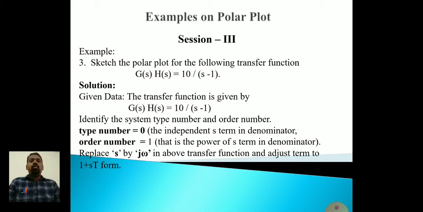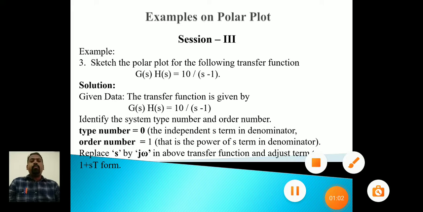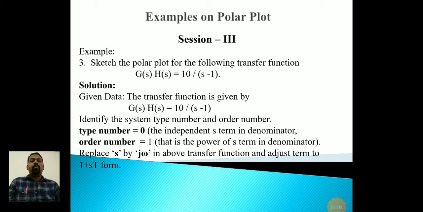So here once again, as the usual procedure, identify the system type number and order number. The type number is 0, as there is no independent s term in the denominator, and the order number is 1, as the highest power of s in the denominator is 1.